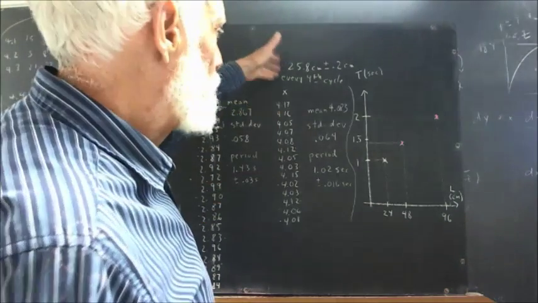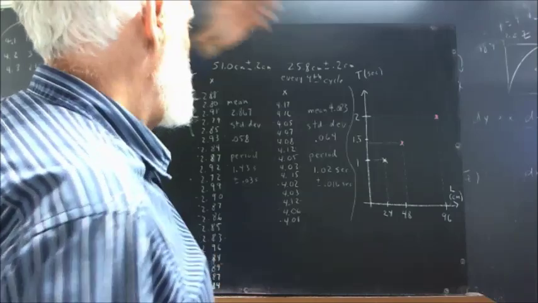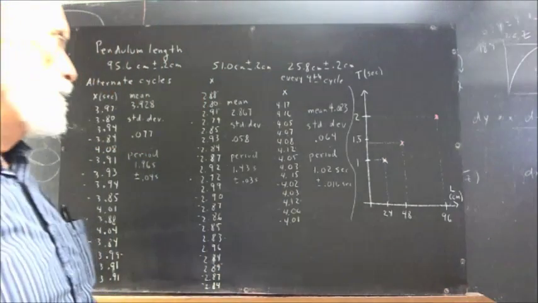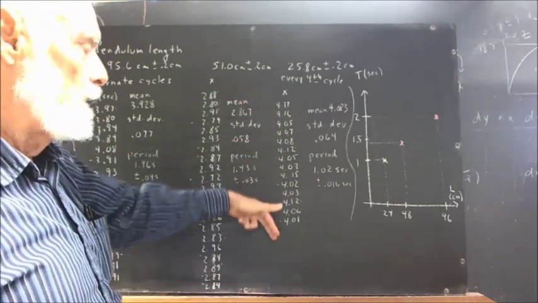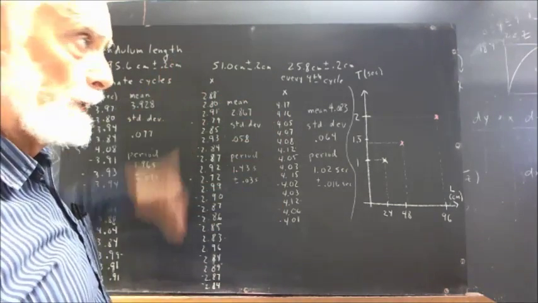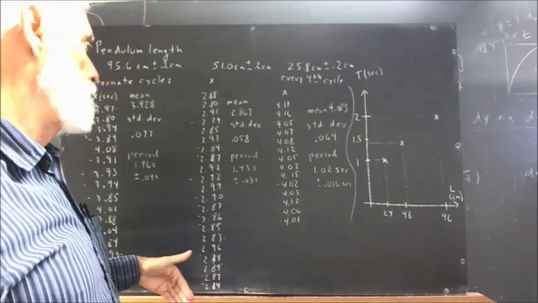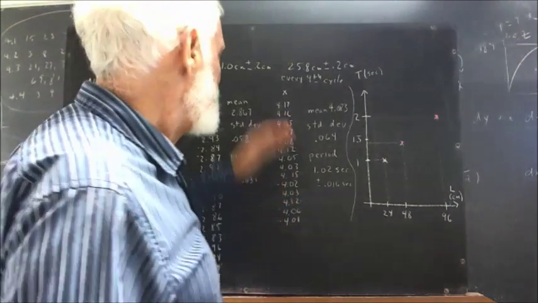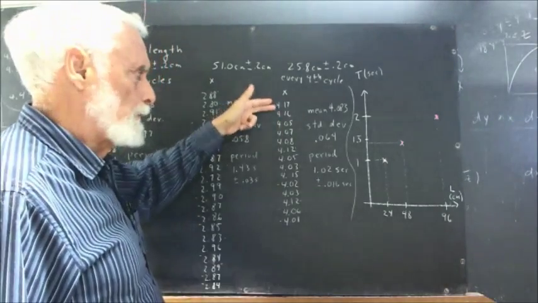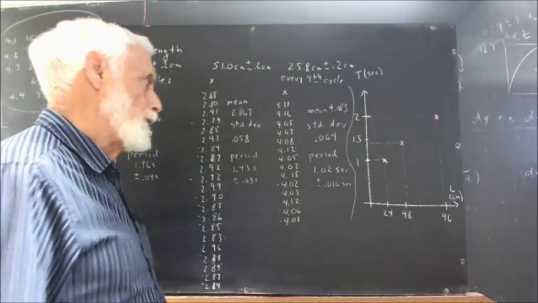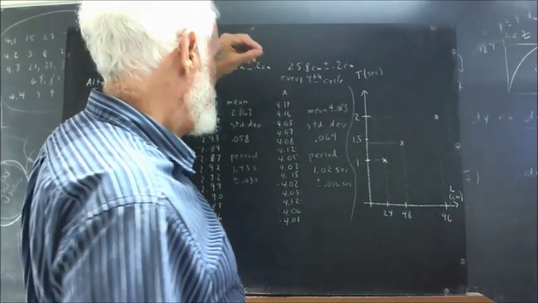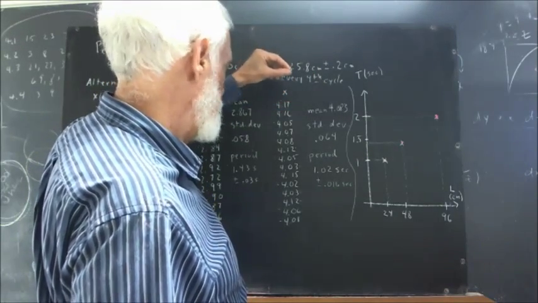Then I had to measure every 4th cycle of the 25.8 centimeter pendulum. And I got these results. I didn't want to be timing something as short as a second because, statistically, it works out better if I do every 4 cycles, given the inherent uncertainty in clicking the mouse and so forth.